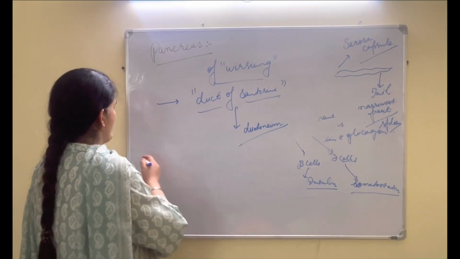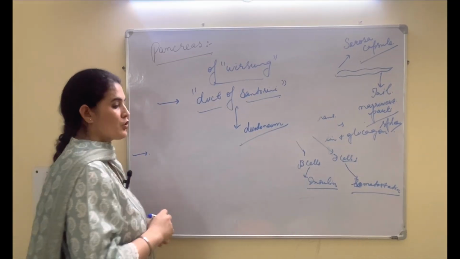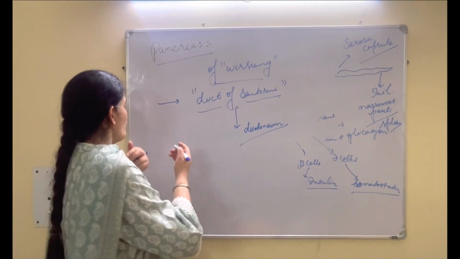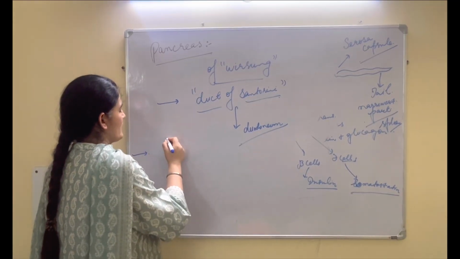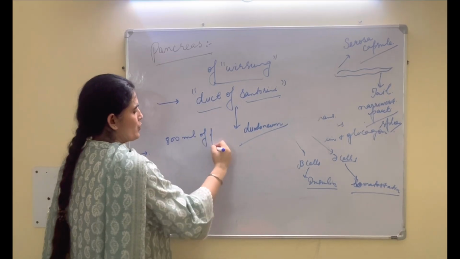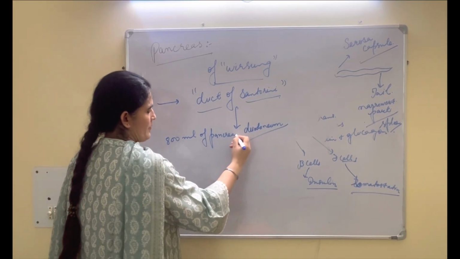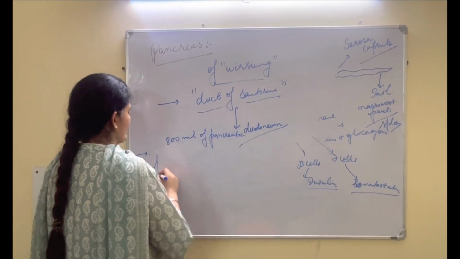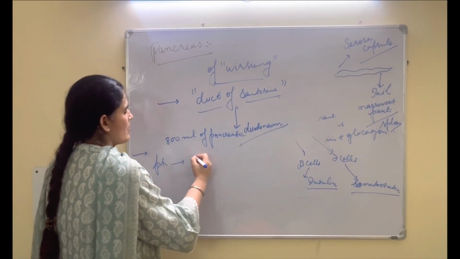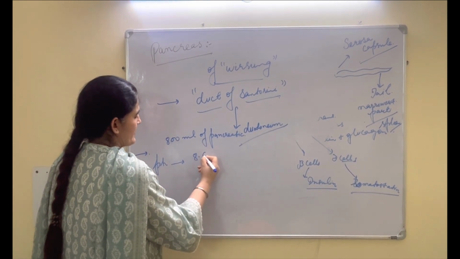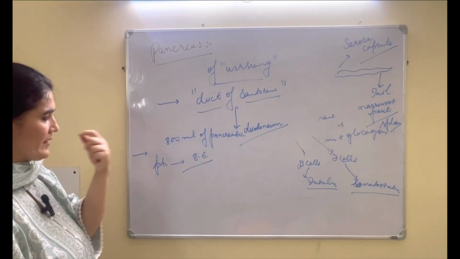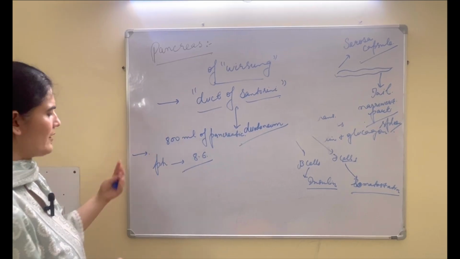And now we have the pancreatic juice. The pancreas releases pancreatic juice, and mostly about 800 ml of pancreatic juice is released daily. The pH of pancreatic juice is 8.6, so it's basically alkaline.